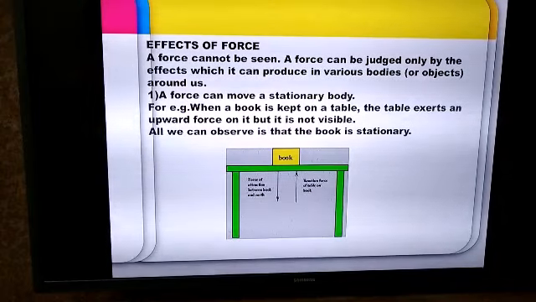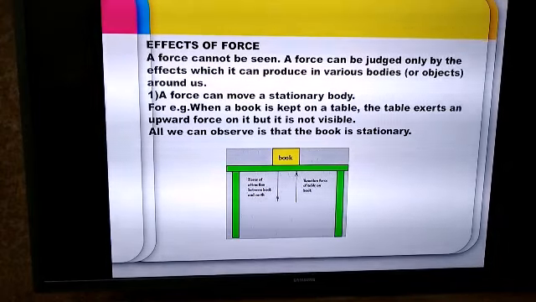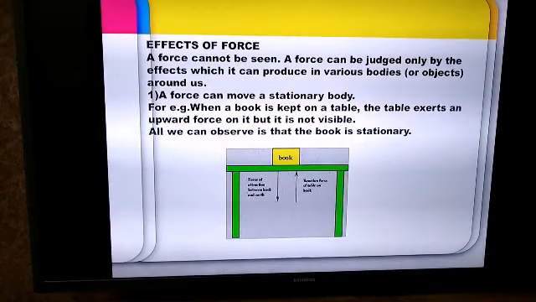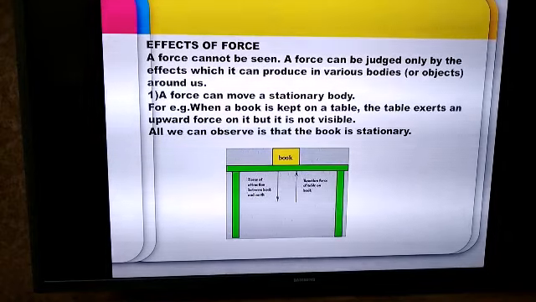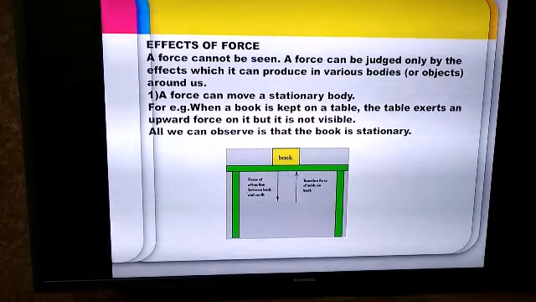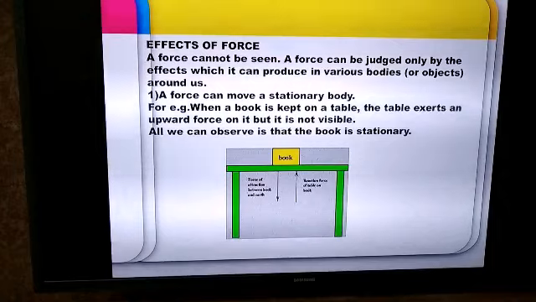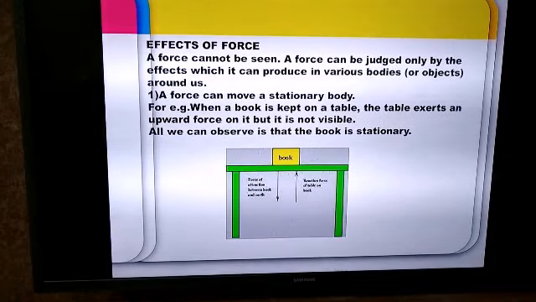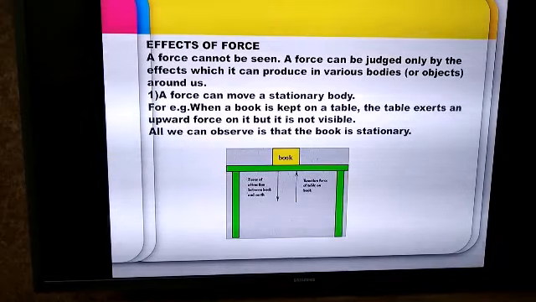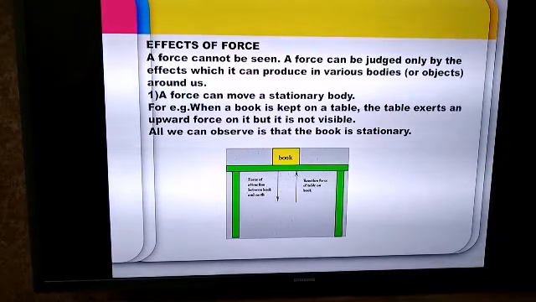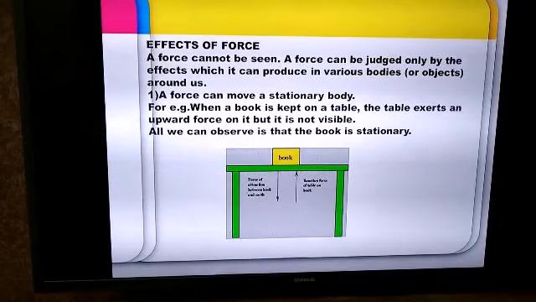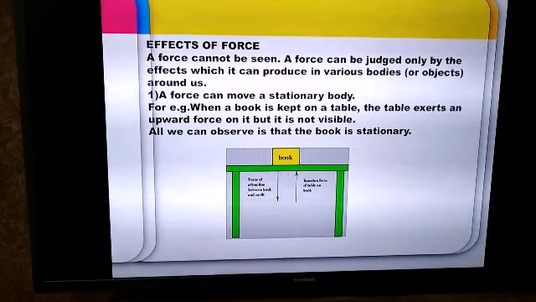Now, can the book move on its own without any application of force? No. It's only when we apply an external force that the book can go into motion, isn't it? So when we apply force on the stationary book, it will move. So what is the first effect of force? A force can move a stationary body.